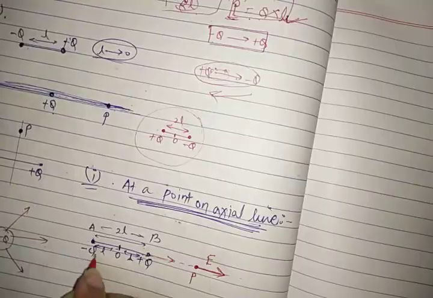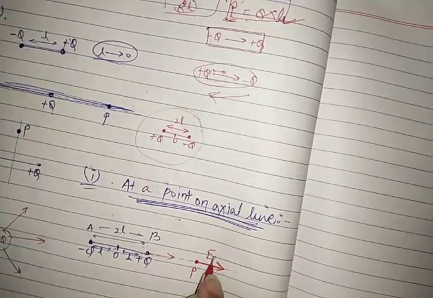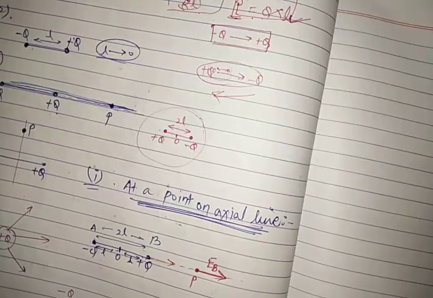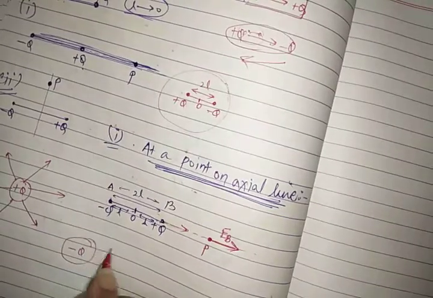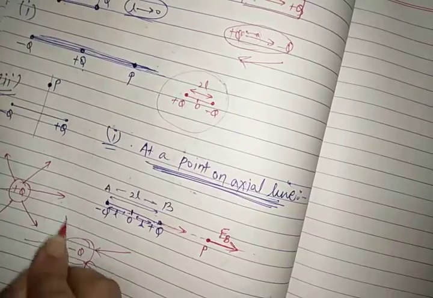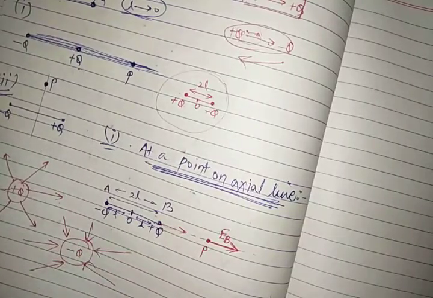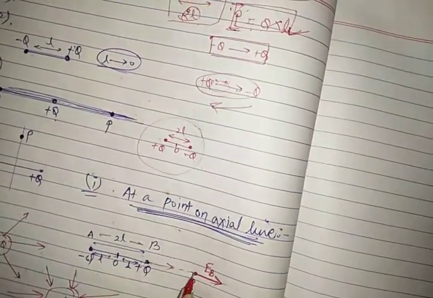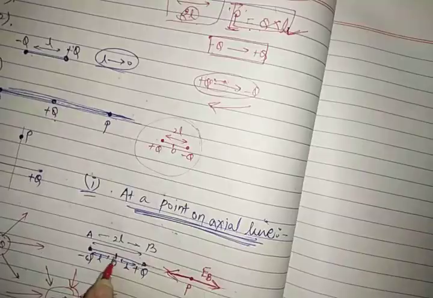If this is point B, then this is electric field EB due to this plus q charge. And we also know that a negative charge always has electric field lines radially inward. So due to this minus q charge, the electric field intensity will be in this direction, radially inward.